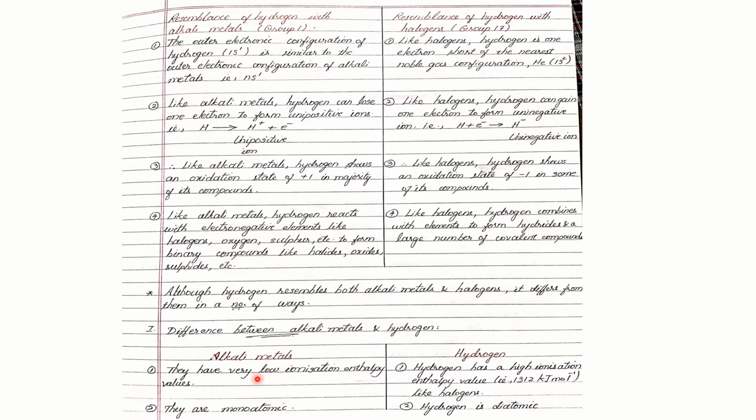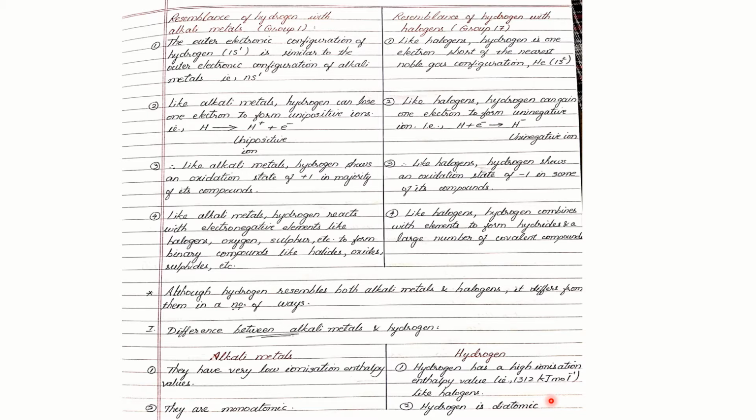Alkali metals have very low ionization enthalpy values because it is possible to remove the most loosely bound electron from an atom of alkali metal by supplying very less amount of energy. But hydrogen has a very high ionization enthalpy value. Its value is 1312 kilojoules per mole like halogens.